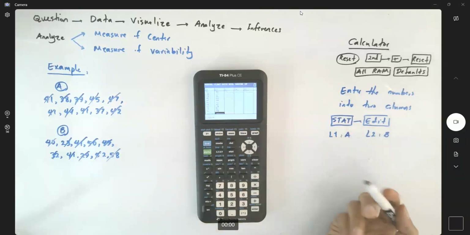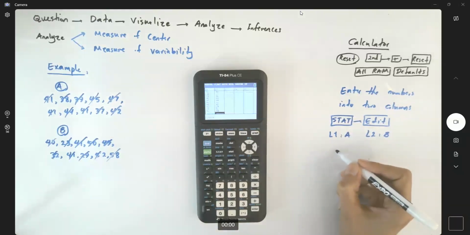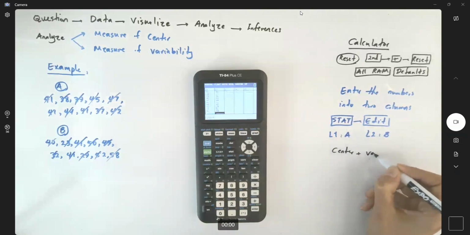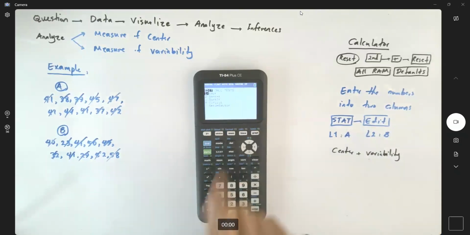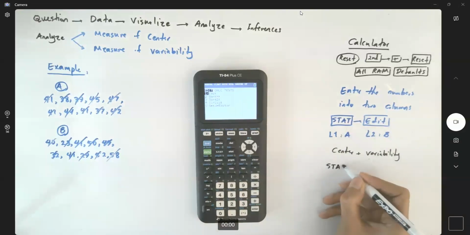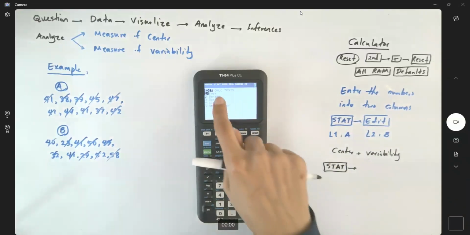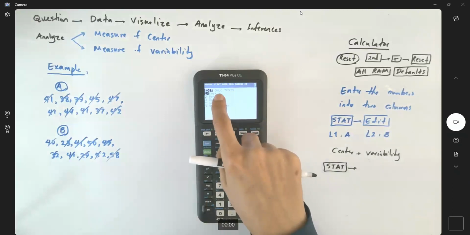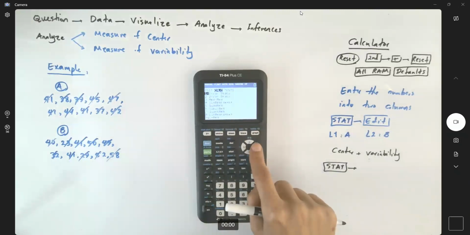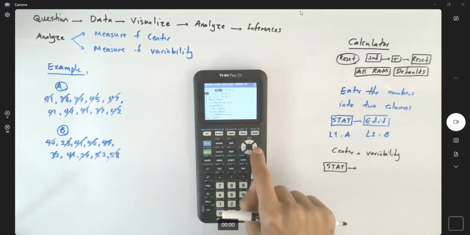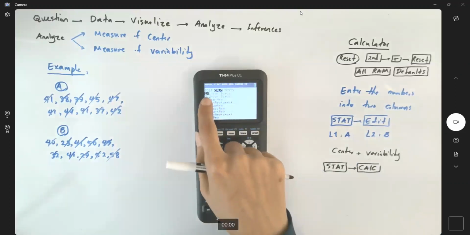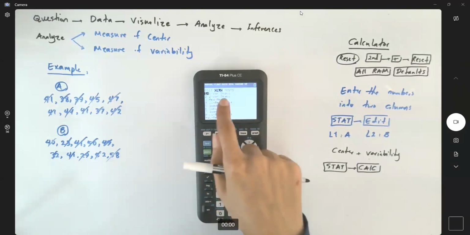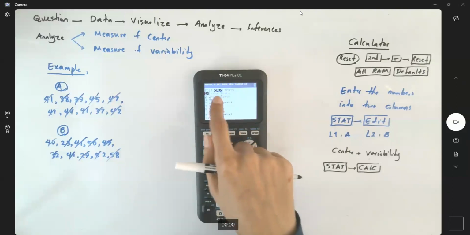Next, we want to know what is the center and what is the variability. To find the center and variability or variation, you need to click on Stat and then select Calc because you're trying to calculate. So I use the arrow here to go to Calc. Now, since you have just one variable, we're going to select one variable statistics.